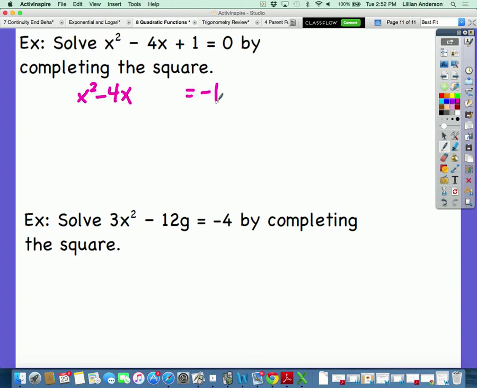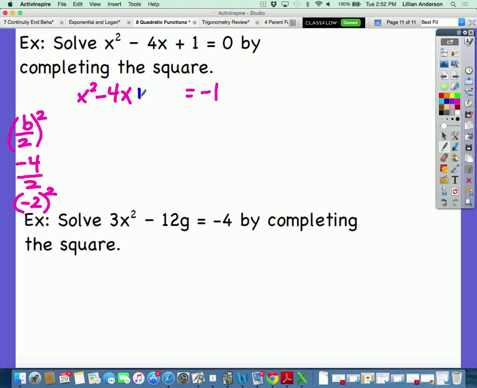Now comes the completing the square process. What you do is you take half of b and then square it. So what's b in this problem? Negative 4, divided by 2. What's negative 4 divided by 2? Then I square it to get what? 4.